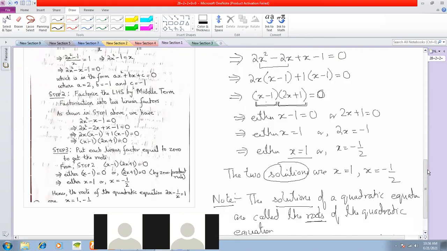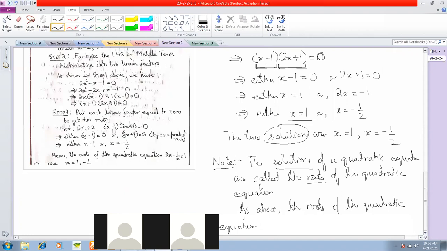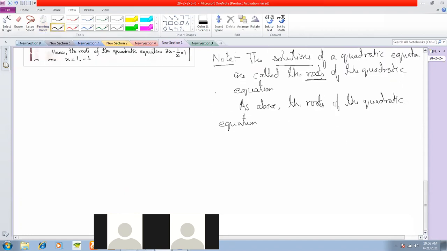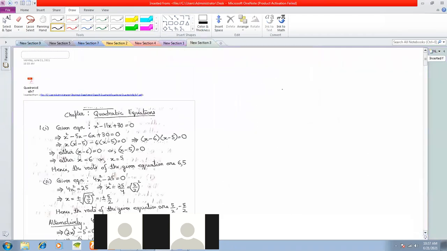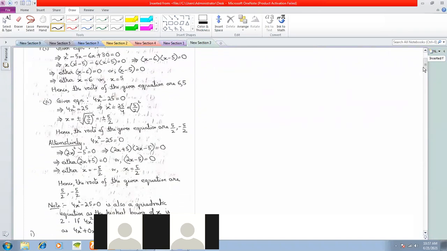What was the equation that we had taken? 2x square minus x minus 1 equal to 0 are x is equal to 1 and x is equal to minus half. Okay. So that is what roots of the equation mean, and this is how you solve the quadratic equation. If you know middle term factorization, or if you know factorization of trinomials, you'll be very easily able to solve quadratic equations. Okay.